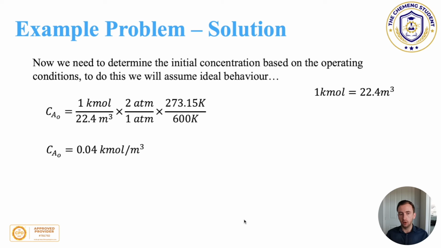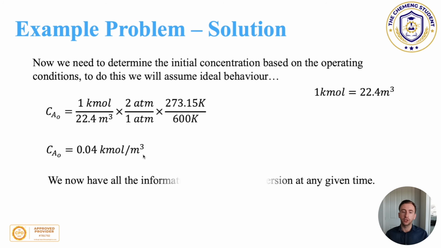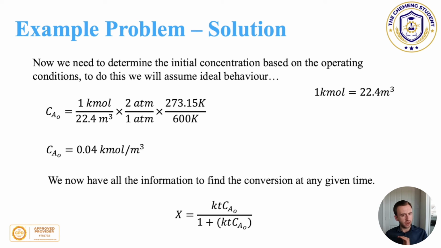And the ideal gas law for our initial concentration will be our molar volume, our operating pressures, and our operating temperatures based on ideality. So ideality meaning 1 atmosphere and 0 degrees Celsius or 273.15 degrees Kelvin. So in doing so, what we end up with is 0.04 kilomoles per meter cubed. So that's our initial concentration of the system. Now we have everything that we need.